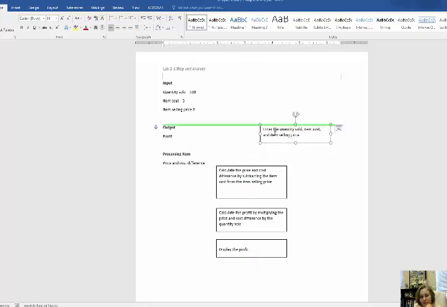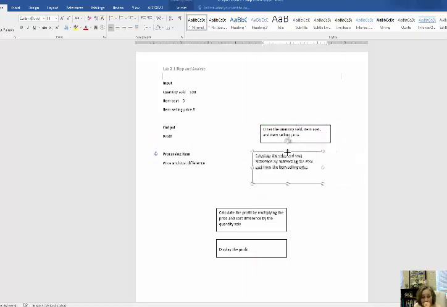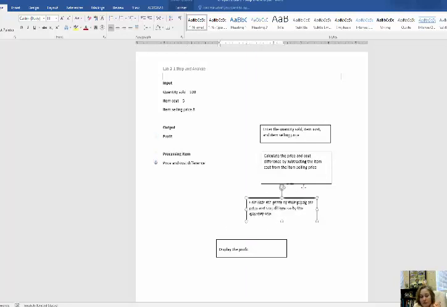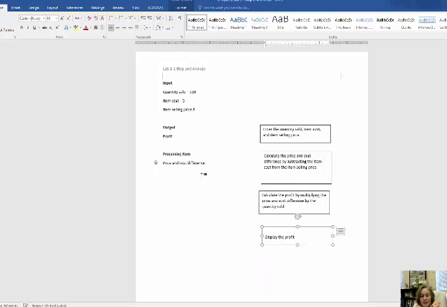So I'm going to slide this over. Now assume we've entered all the numbers. Okay, so what's the price and cost difference? That's what you calculate here. The price and cost difference would be subtracting the item cost 5 from the selling price.